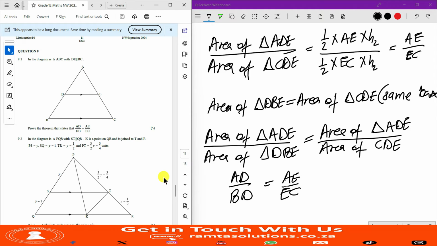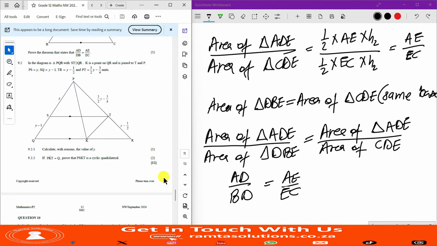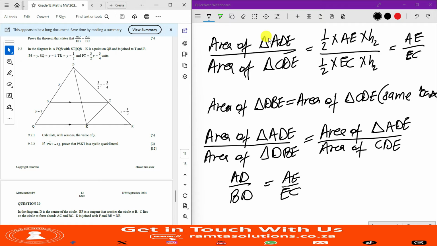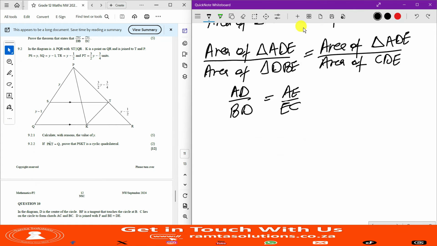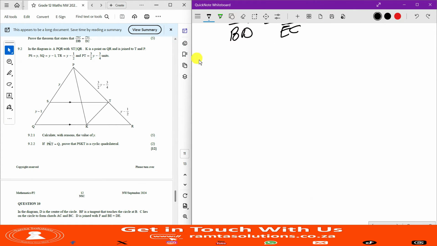Now, 9.2, let's see what it says. In the diagram is triangle PQR with ST parallel to QR.